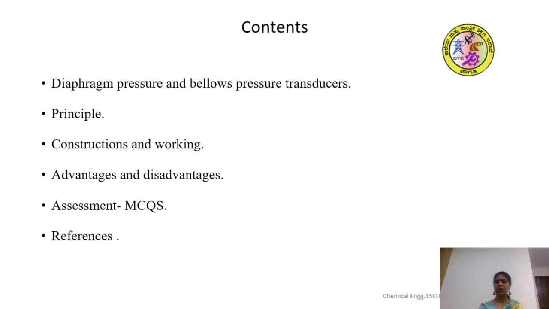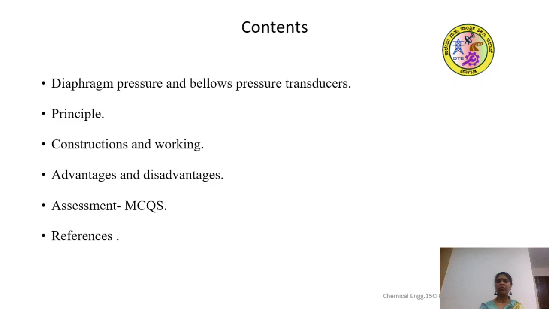In the last class we learned about the Bourdon pressure gauge for the measurement of pressure. The Bourdon tube is a circular tube, where one end is fixed and the other end is free to move. The free end is connected to a pointer, which moves on a calibrated scale.